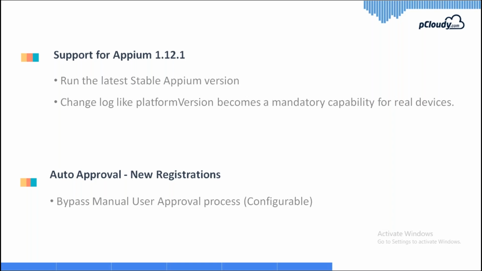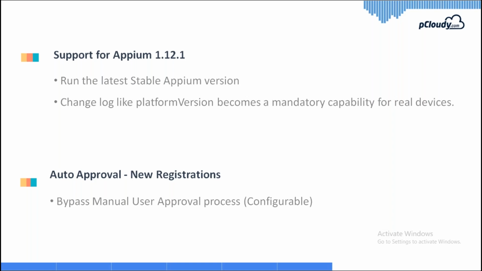We do not want to manually approve that user, because time is consumed by the system admin. Sometimes the system admins are not available, the users are not getting approvals, and their testing practices get affected. So they wanted auto approval, and we have provided that feature with the 5.5 release for the private and on-premise cloud.